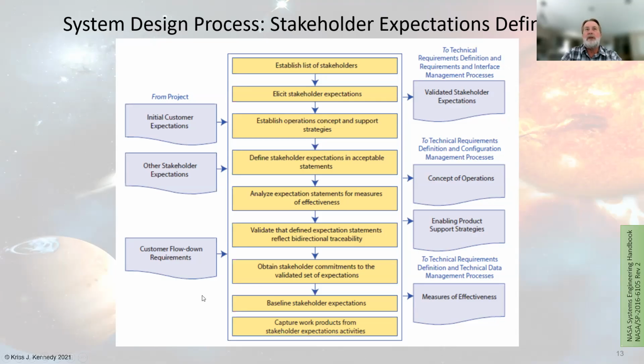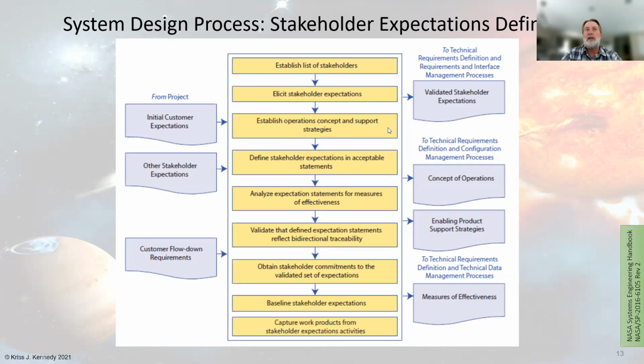And so from this process, you will go through a series of steps of establishing a list of stakeholders, who they are, make sure you cover. Stakeholders can also be manufacturing, the launch folks, the launch integration folks, the training folks, the end users or astronauts. So it's not just the astronauts.